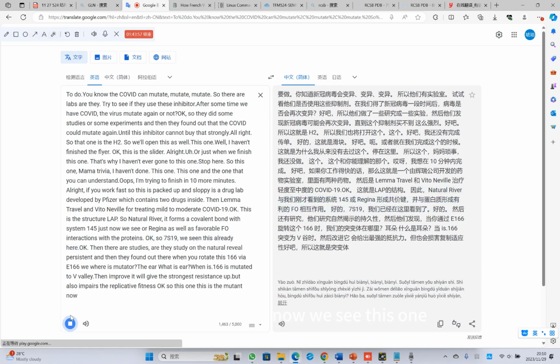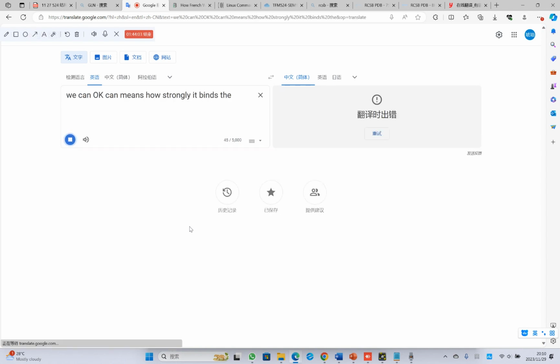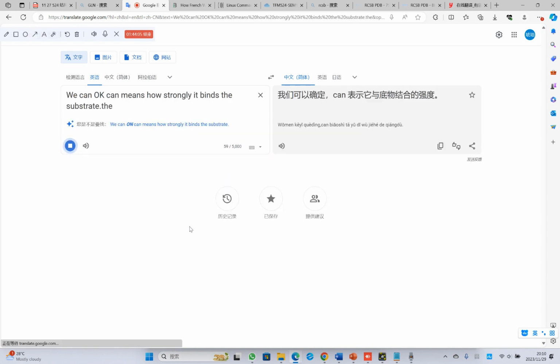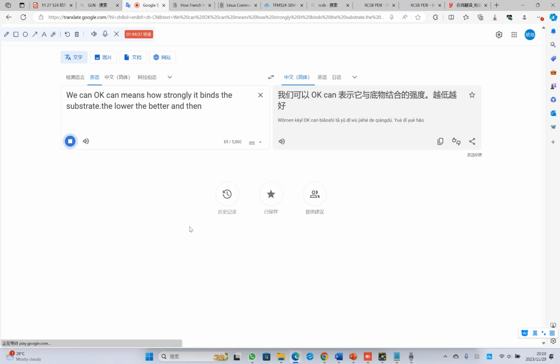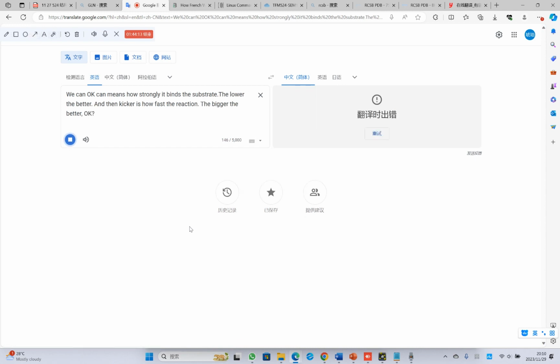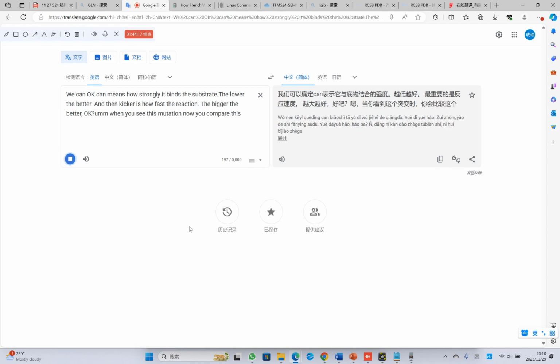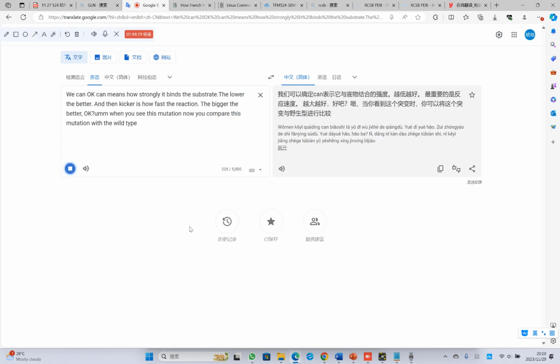Now we see this one. You know KM, how strong the substrate binds. The lower the better. How fast the reaction. You see this mutation, you compare this mutation with the wild type, you see the Km from 39 increase to 85.